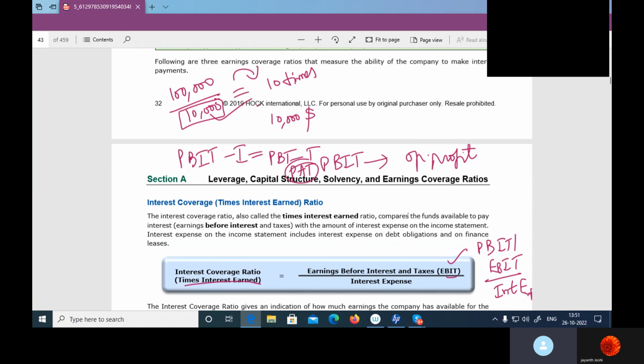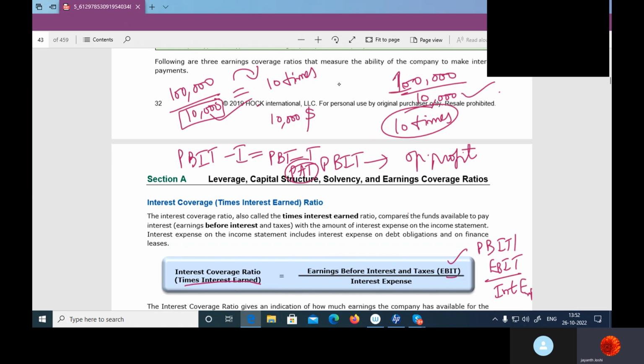But we have earned 10 times more. That means your earnings are $100,000 and the interest you're supposed to pay is $10,000, so you have 10 times the capacity. You can make the payment 10 times.